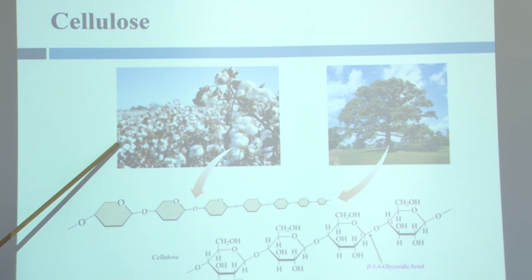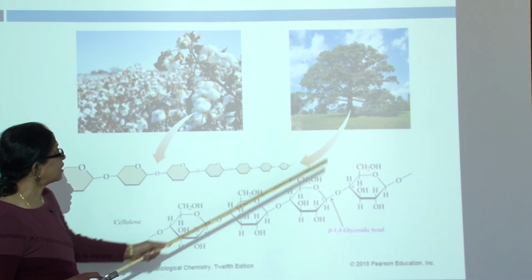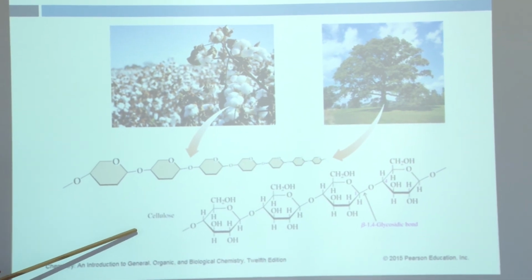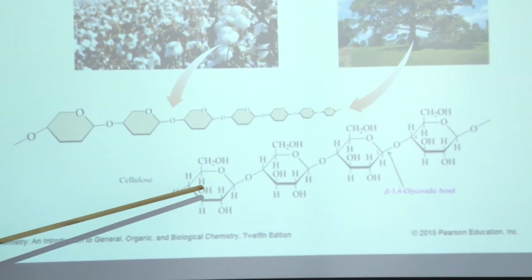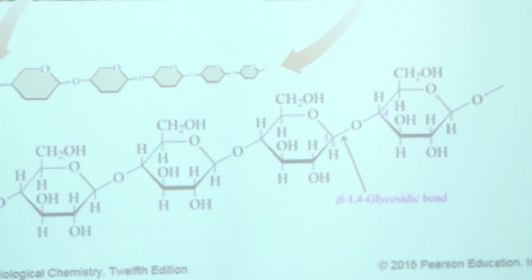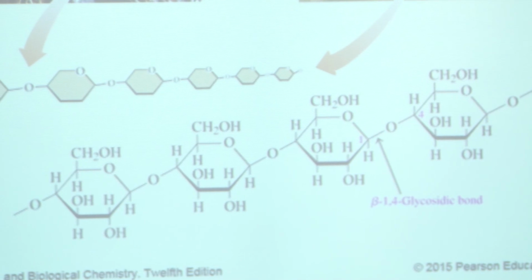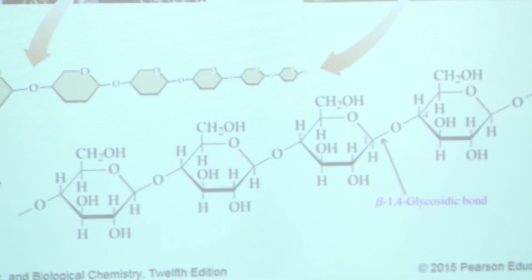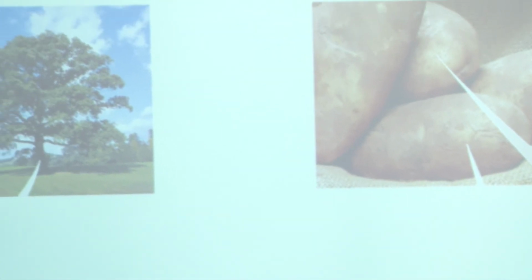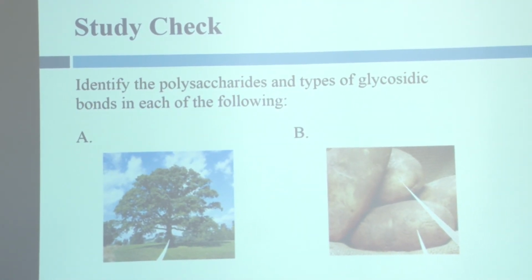So cellulose, an example is cotton or the bark of the tree that we were discussing. Again, the beta 1,4 glycosidic bond, this is the beta bond above the plane, OH. So these are two examples of cellulose, the polymer or polysaccharide. Identify the polysaccharide and type of glycosidic bond in each of the following.